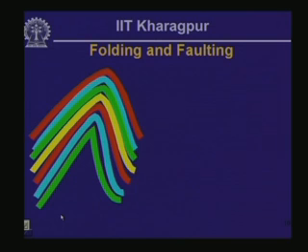Okay. Now if we try to squeeze the rock mass, then the deformation is going to be like that. Then what is going to happen is near the crown of this particular fold, and this is the process of folding.